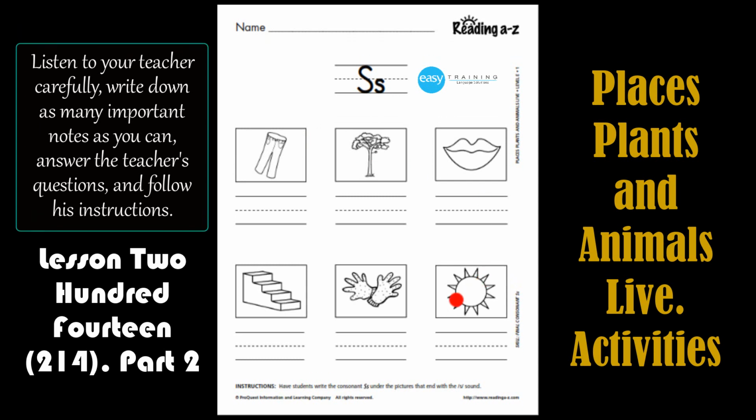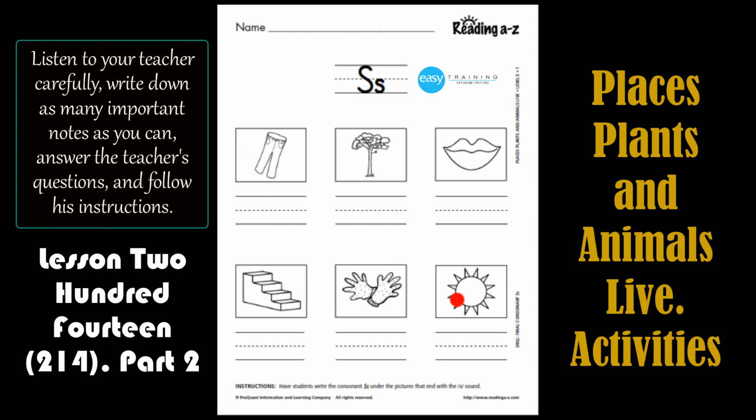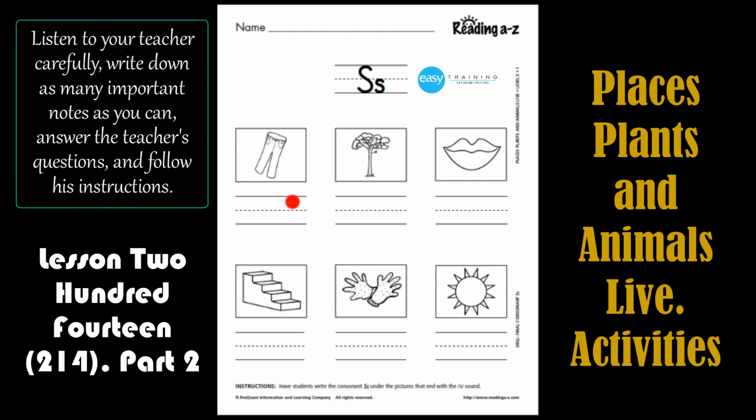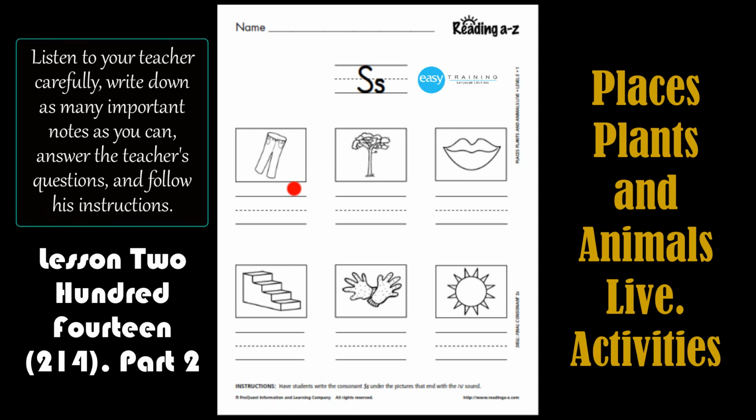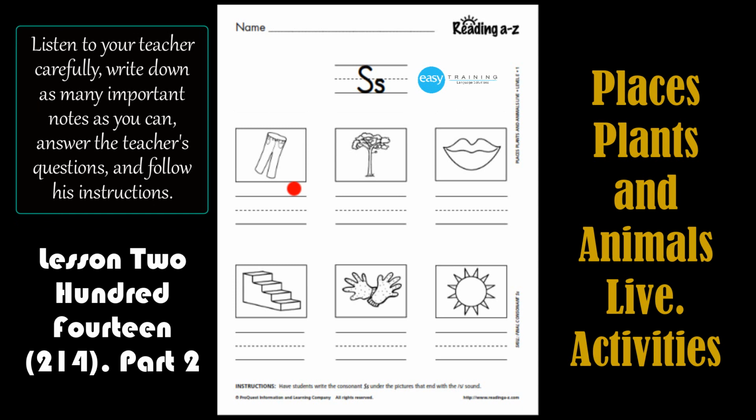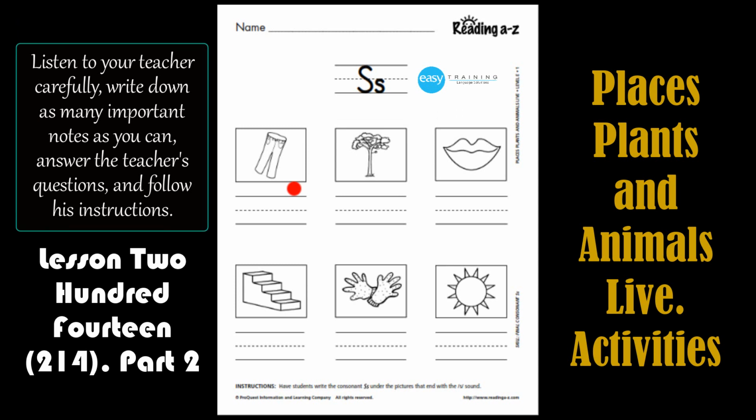We are going to name each picture, and below the picture on these lines, you and I are going to write the capital S and the little s under the pictures whose names end in the S sound. Some names will be used in the singular form, and the others will be used in the plural form.